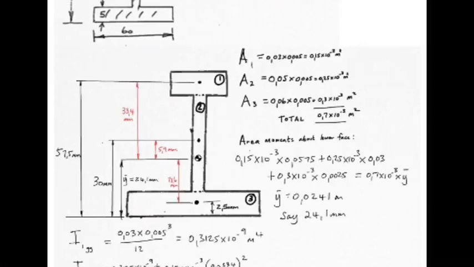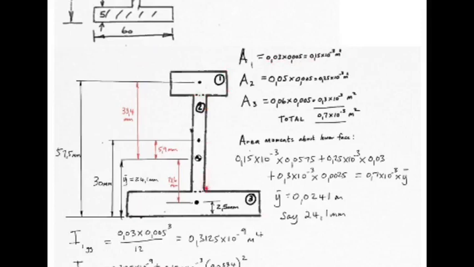So to find the centroid, let's tabulate the various areas. Well, first of all, let's break this section up into known shapes. And I'm proposing 3 rectangles. There they are. Number 1, number 2, number 3. First rectangle, 0.03 across by 0.005 high, giving us that many square meters area.